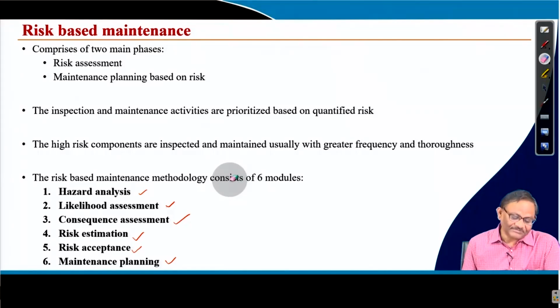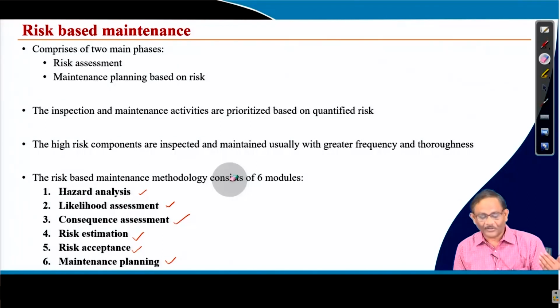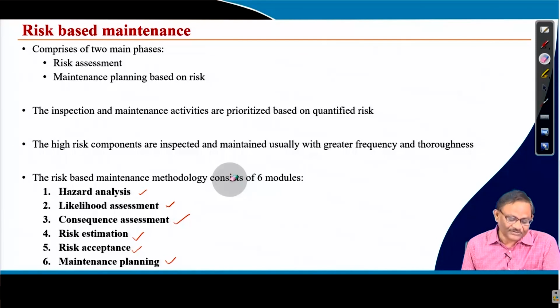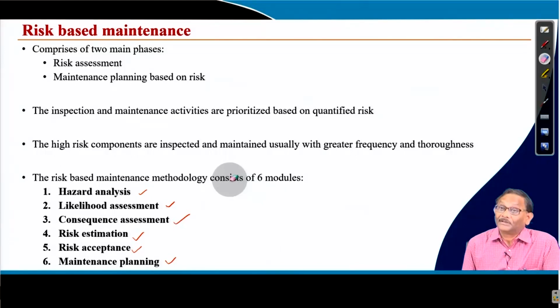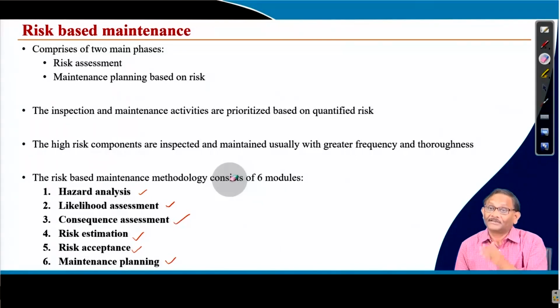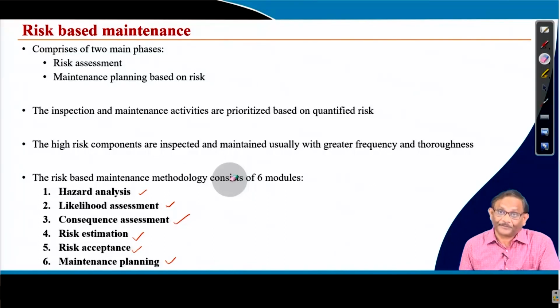We said that risk acceptance means based on certain standard, maybe for your organization or maybe international or national standard, whatever is being practiced, so that you follow, and if it is accepted, fine, you continue with the maintenance. When you talk about the failure of an equipment or the consequence of the failure, all the time it may not be that maintenance or inspection is the issue.